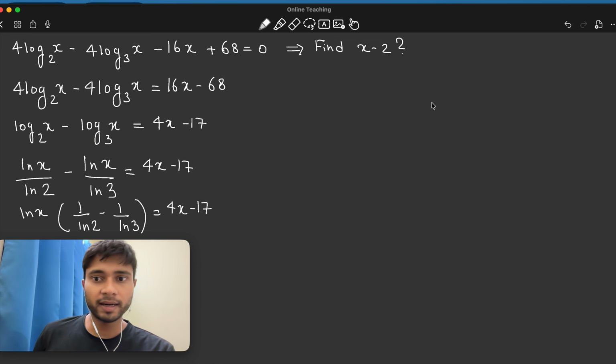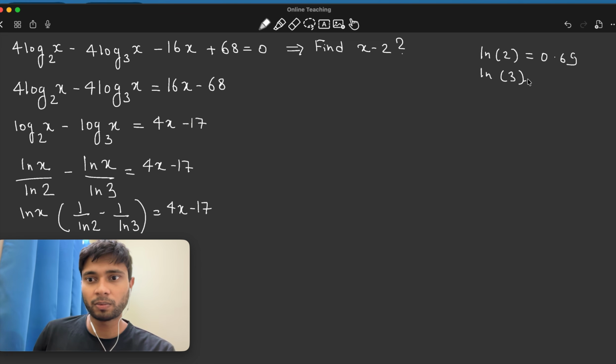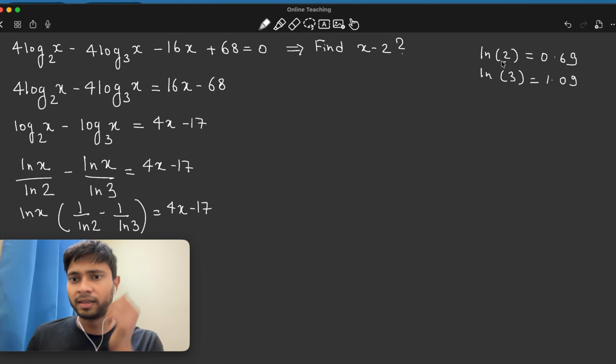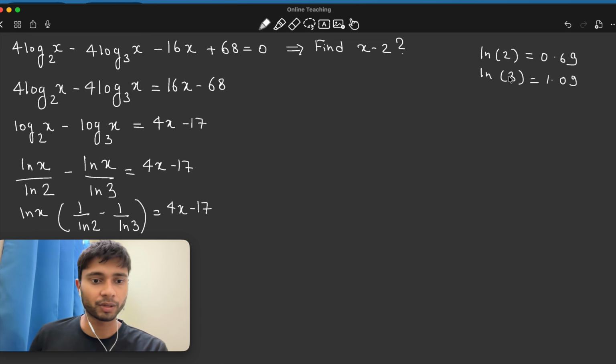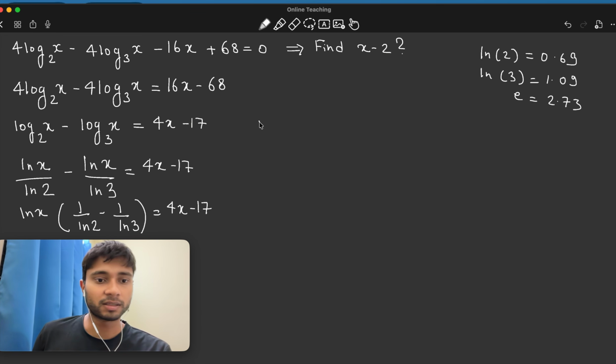The values of ln 2 and ln 3 are generally ln 2 is 0.69 and ln 3 is 1.09. In all competitive exams they generally do give the values of ln 2, ln 3 or some constants. Similarly, I can write e is equal to 2.73. These are some constants.